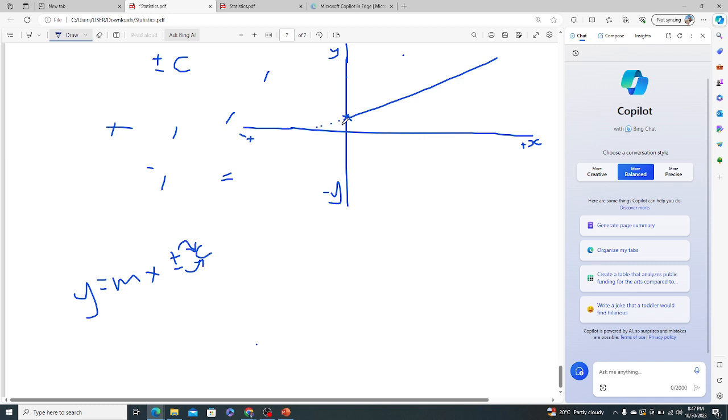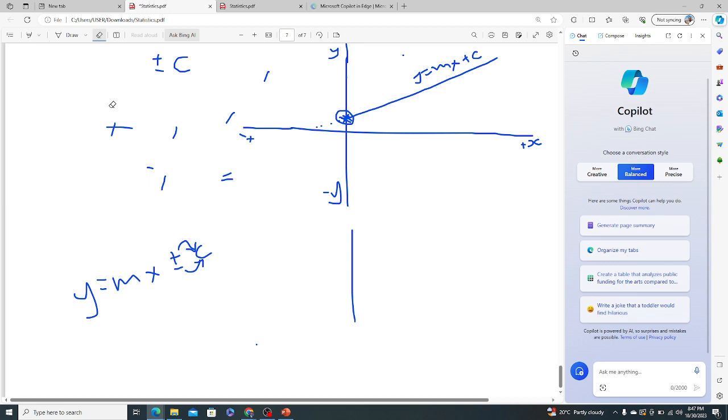So in this case our y-intercept will be a positive value, and we will say y equals mx plus c.